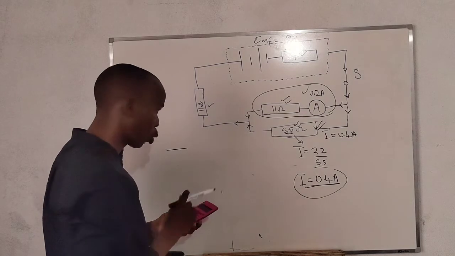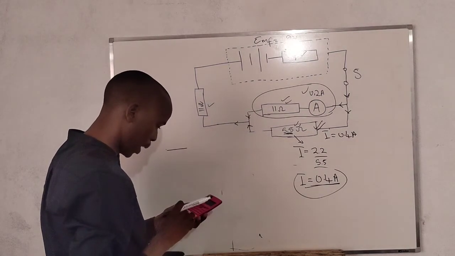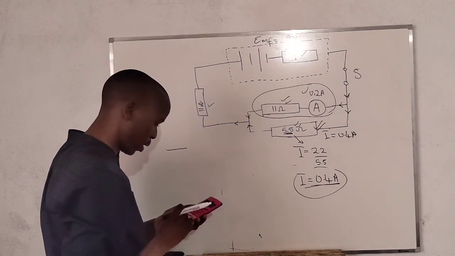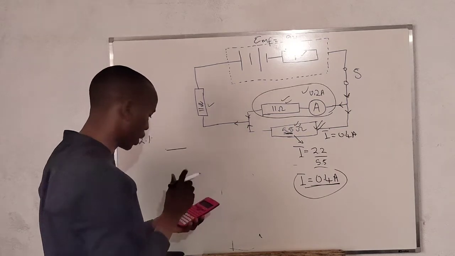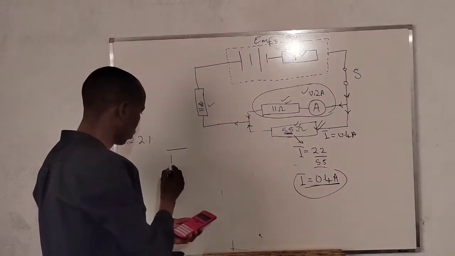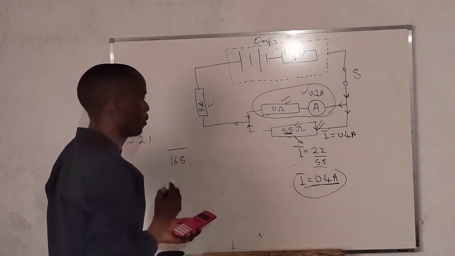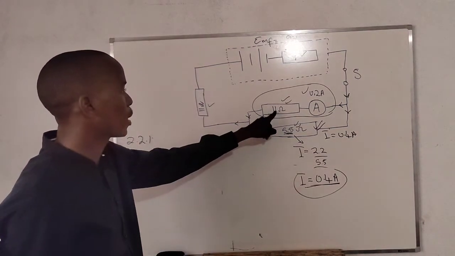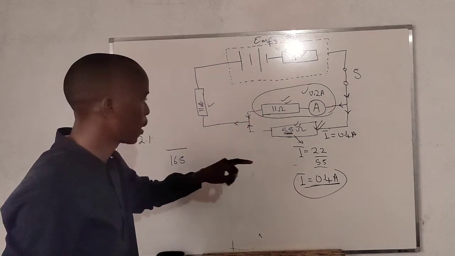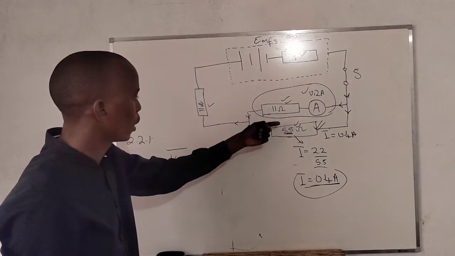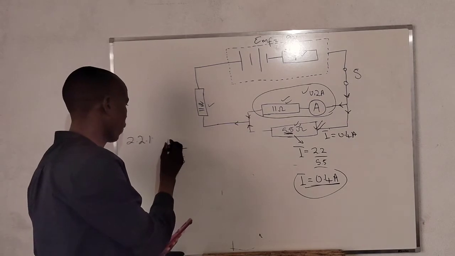the ratio here. So 11 plus 5.5 is equal to what is the answer? 16.5. And then the current passing through here can be obtained by, we've got a 5.5, the ratio.